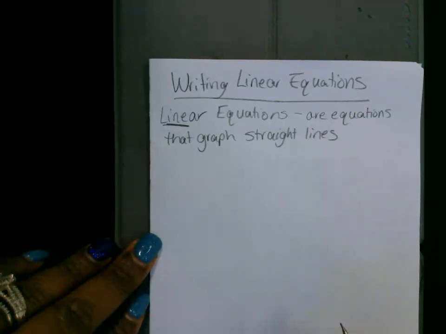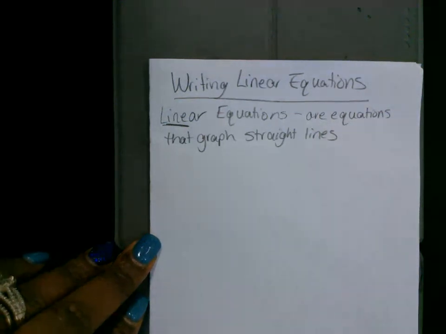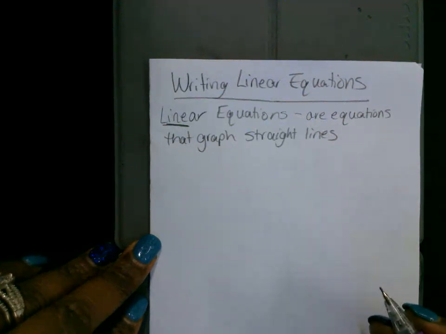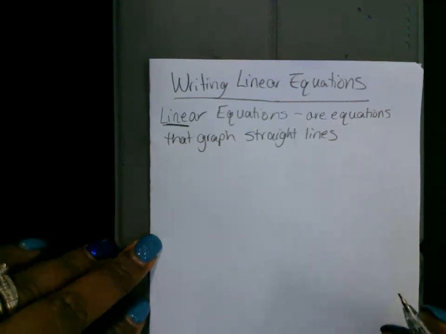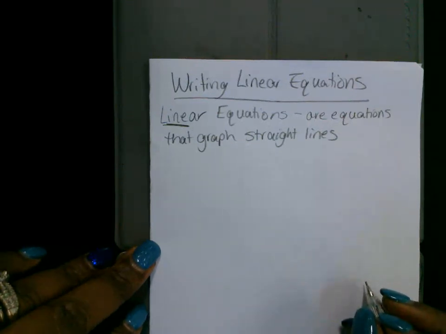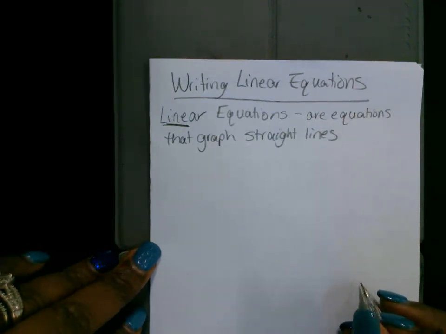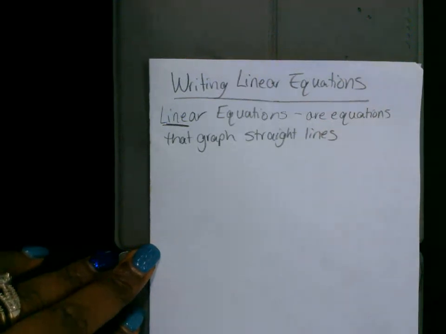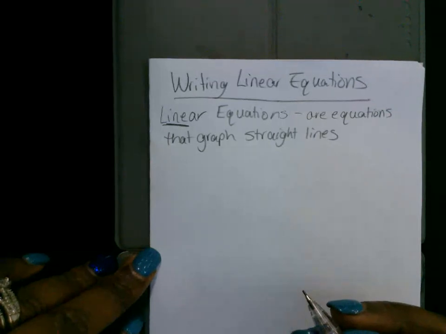There are many forms as to how a linear equation can be written. Just like there are different uniforms, like if you work at Taco Bell, your uniform looks a certain way. If you work at McDonald's, it'll look a different way. So there are different forms in which you can write a linear equation.